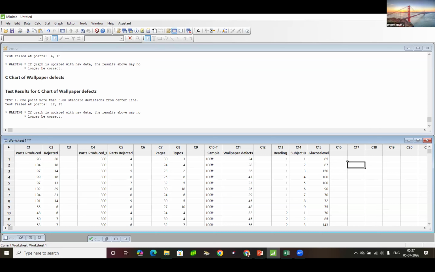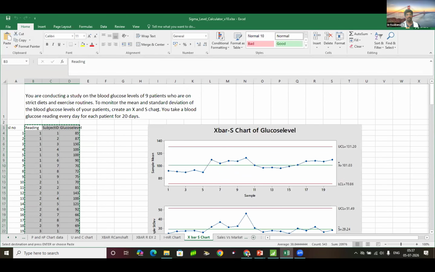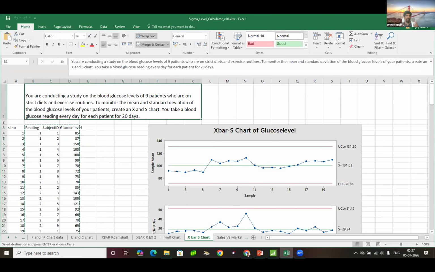See how wonderful these charts are. If you go through the samples, you can see that in a particular hospital, a doctor is monitoring 9 patients.